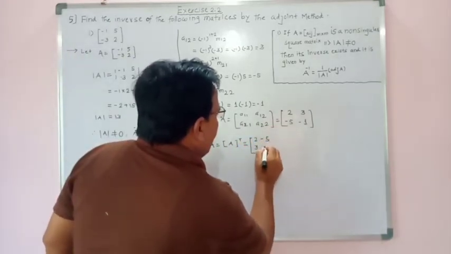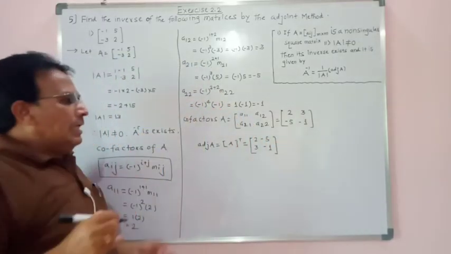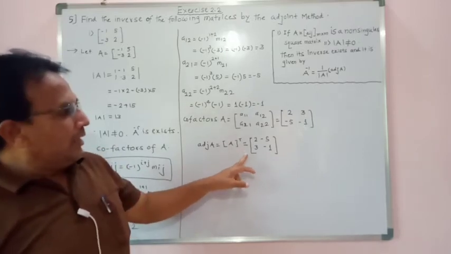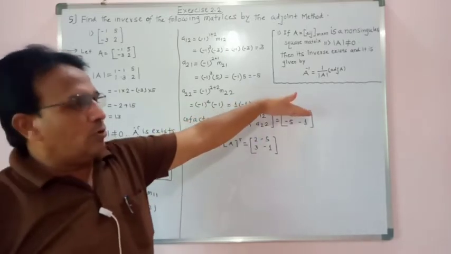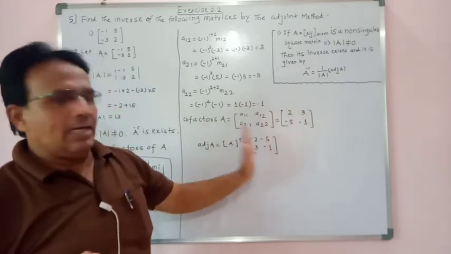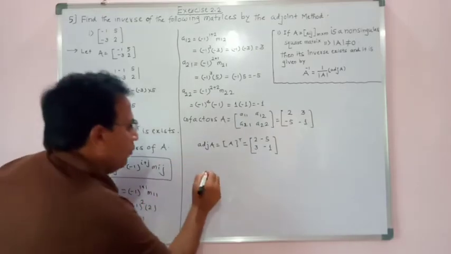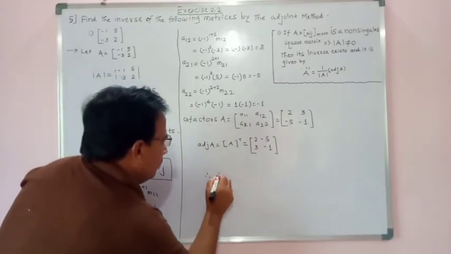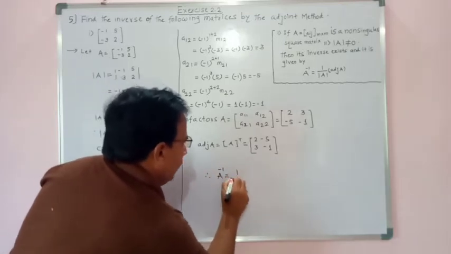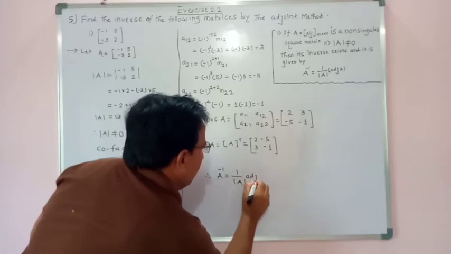Therefore 2, -5, 3, -1. This is the value of adjoint A. Adjoint A equal to transpose of the cofactor matrix. Therefore A inverse equal to, we use the formula 1 by determinant A into adjoint A.